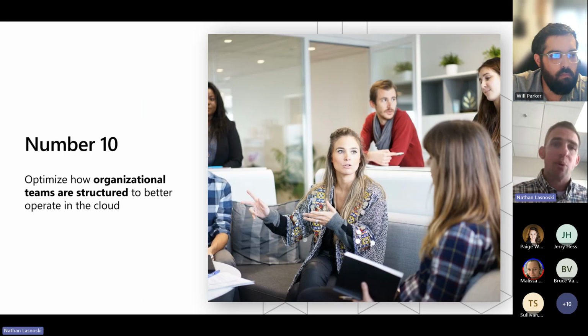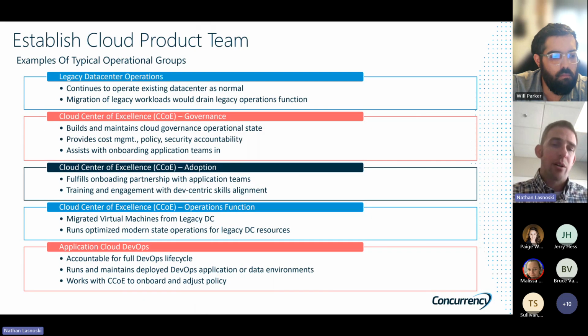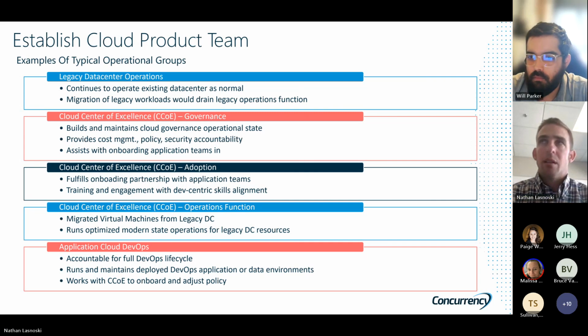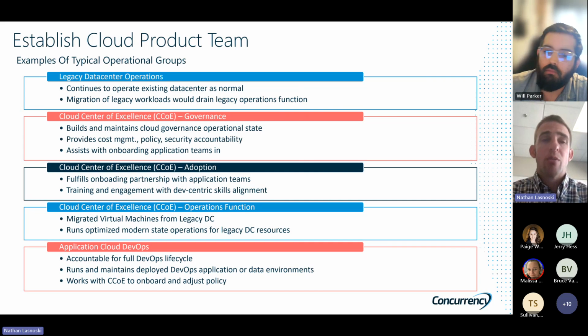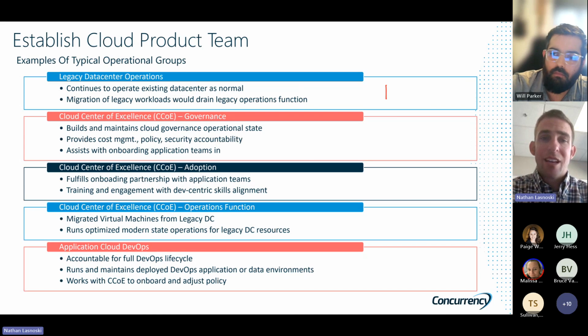And then they're supported by this last item for our conversation today, this idea of establishing a cloud product team. And this contains a couple of different elements. If I'm building an operational product team, this can be one person doing all this, which would be difficult, or it could be a number of people delineated between teams. So team 1 or group functional domain 1 is legacy data center operations.